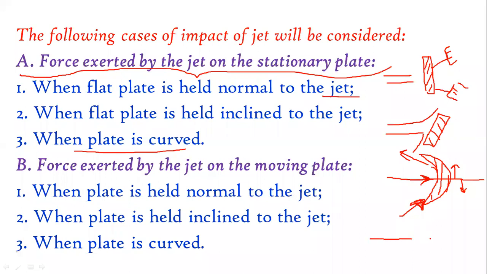That means if we consider a center line, then the dimension of the curved plate below the center line is not equal to the dimension of the plate above the center line. That is the example of the unsymmetrical curved plate. And in this case also, the water jet struck tangentially at one end.